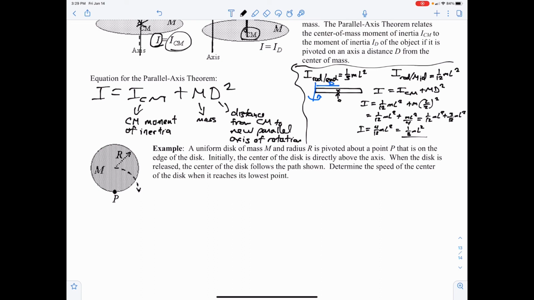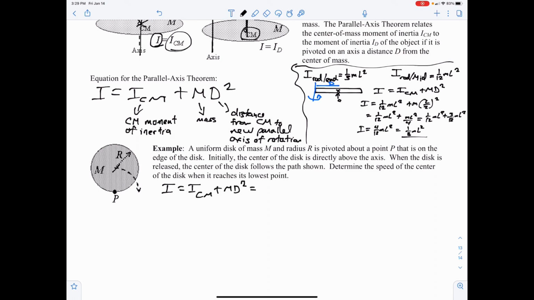Well, since the disk is going to be falling like this, we're going to be using conservation of energy. But we also need to do a little parallel axis theorem work here, because you're not rotating about the center of the disk, you're rotating about the edge of the disk this time. So let's figure out the new rotational inertia first. I is equal to I_CM plus MD squared.